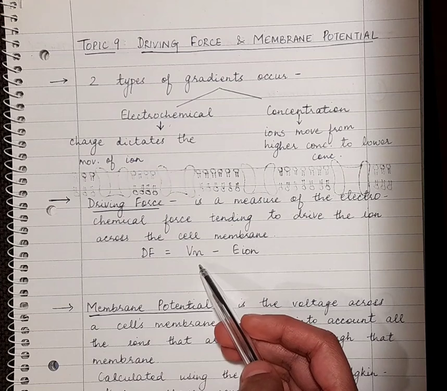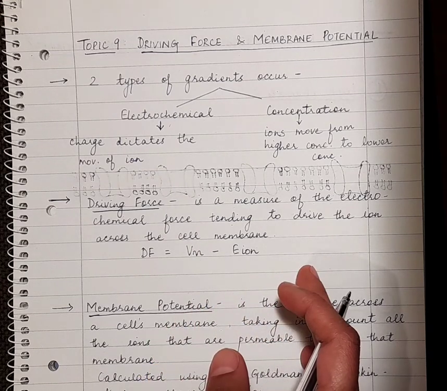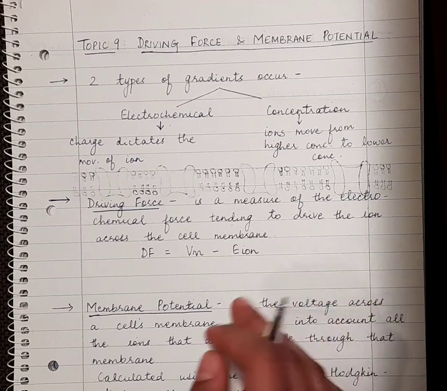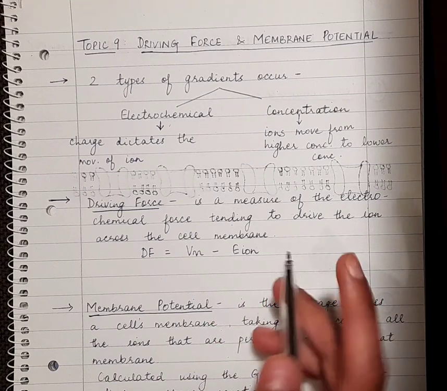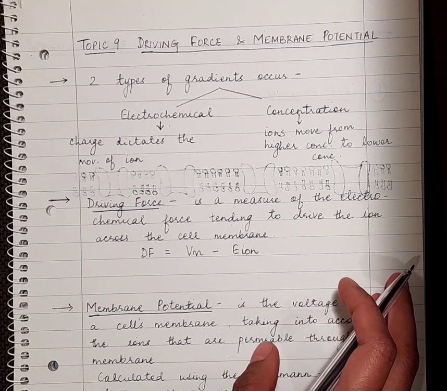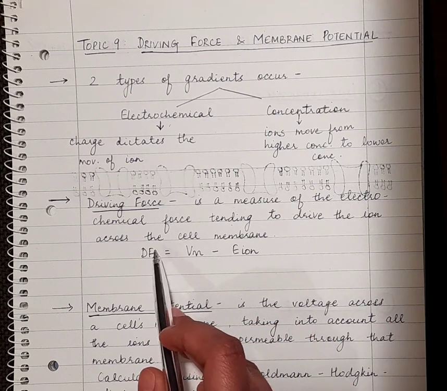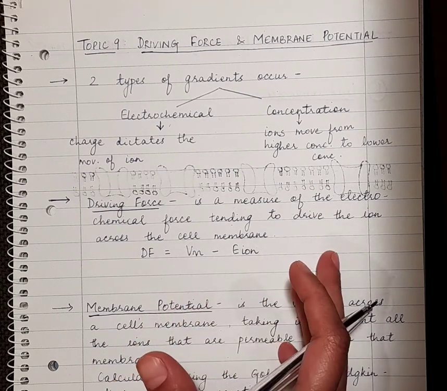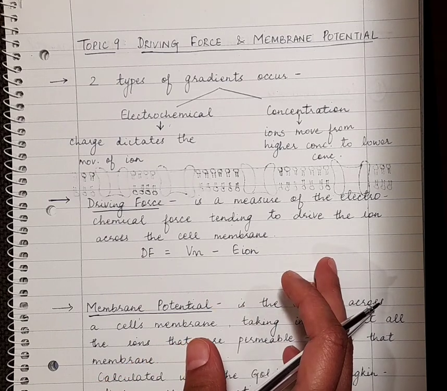Resting membrane potential, as we discussed, is the potential across the membrane of a neuron when it is unstimulated. And equilibrium potential is the potential for one particular ion when there is no net movement of it across the membrane. That will determine the driving force. And obviously, the higher the driving force on an ion, the higher will be its movement across the membrane.